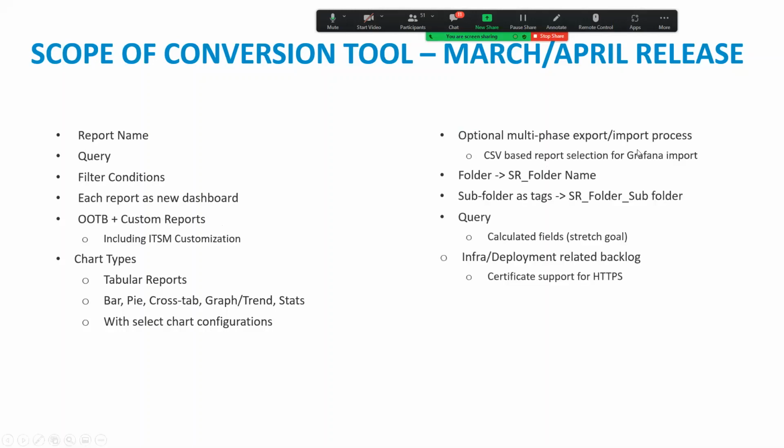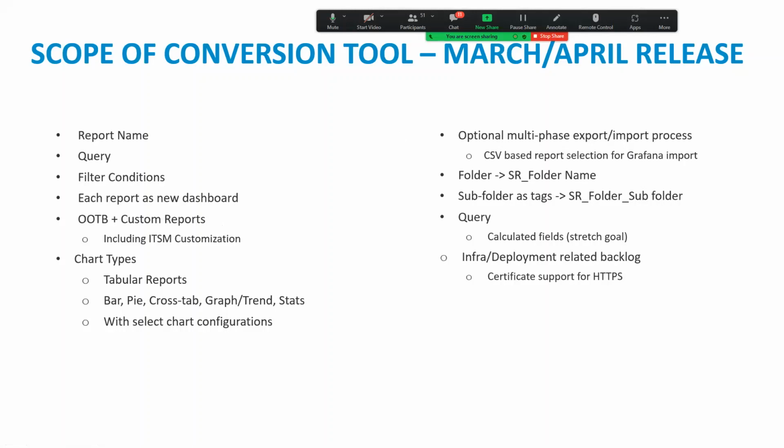There is one thing that we will be adding to this whole thing: this conversion process, or this migration process, need not be real time where you take all your 100 reports and immediately convert and push them into the dashboard.